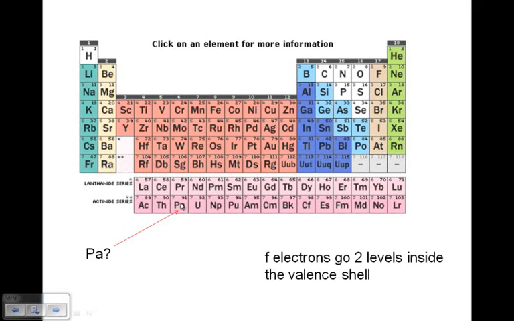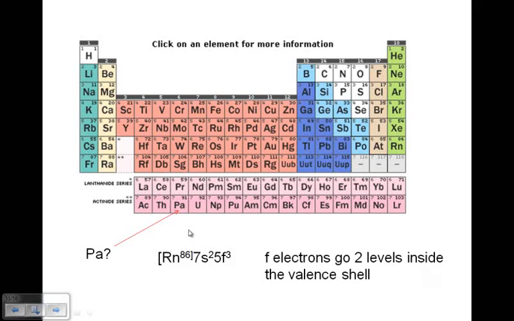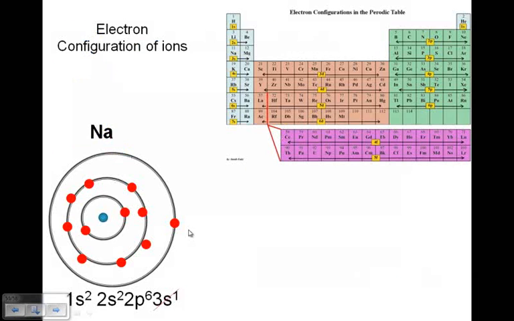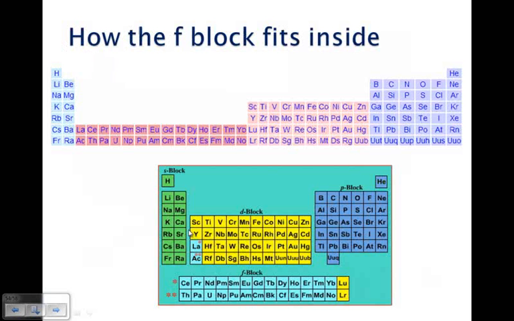Alright, let's look at Pa. Pa is down here at 91. So the f electrons, it's important that you know f electrons go 2 levels inside the valence shell. d's go 1 level inside. f's go 2 inside. So we want to take a look first at the f block.